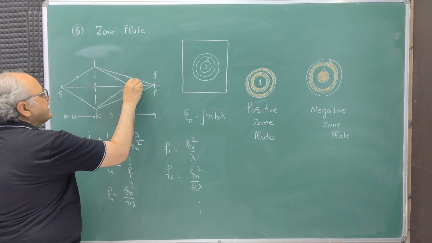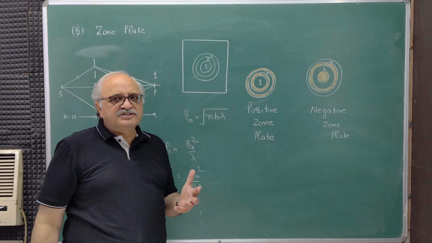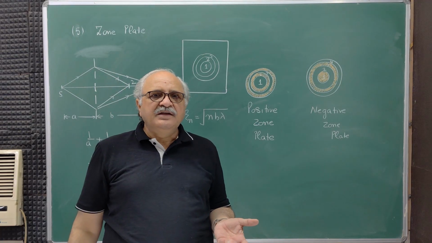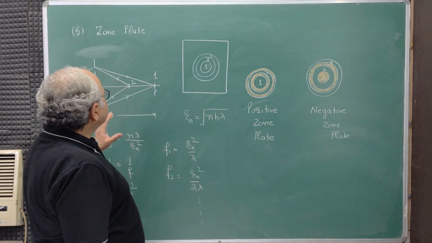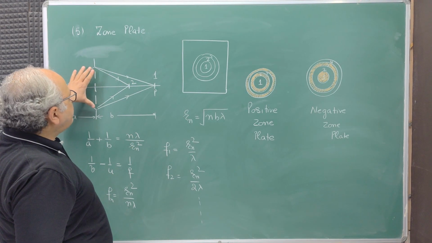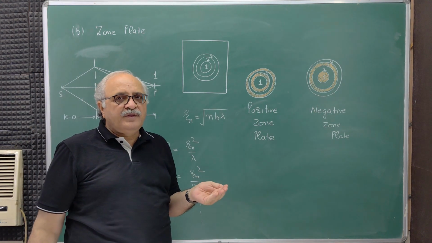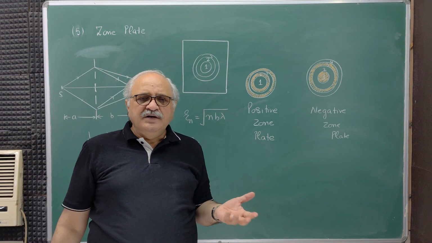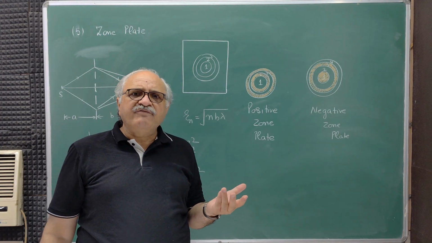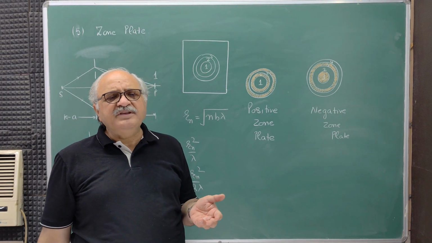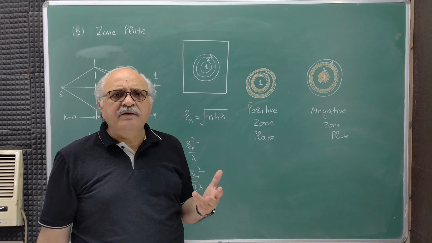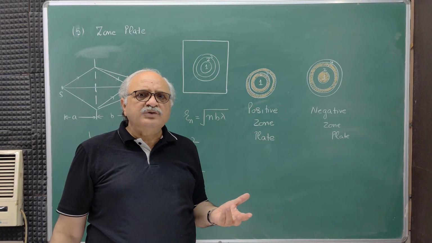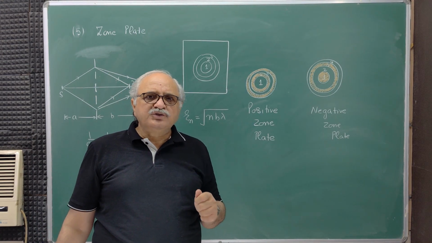So this is basically a multi-focus device, but one thing is clear: we are not permitting the light to pass through a medium. So this is not suffering from any variation of refractive index with the wavelength. That means we are not going to get any chromatic aberration in this. So this is the advantage of using a zone plate.